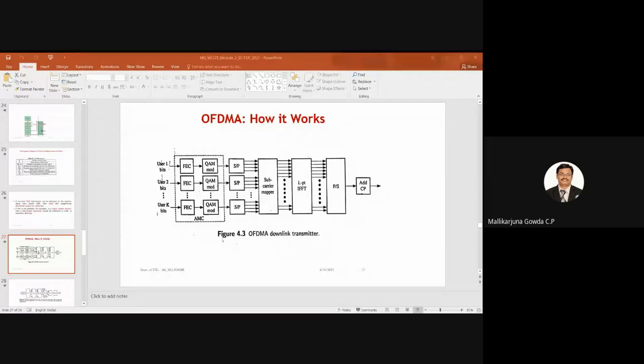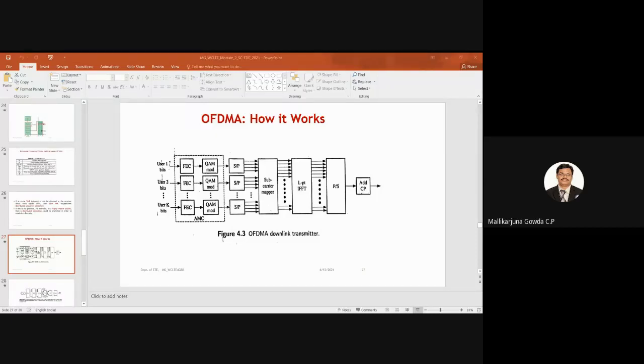For every user, the information bits go through forward error correction and QAM modulation. Each user has the option to select a different QAM modulation order depending upon their data rate requirement. That is the flexibility in OFDM.